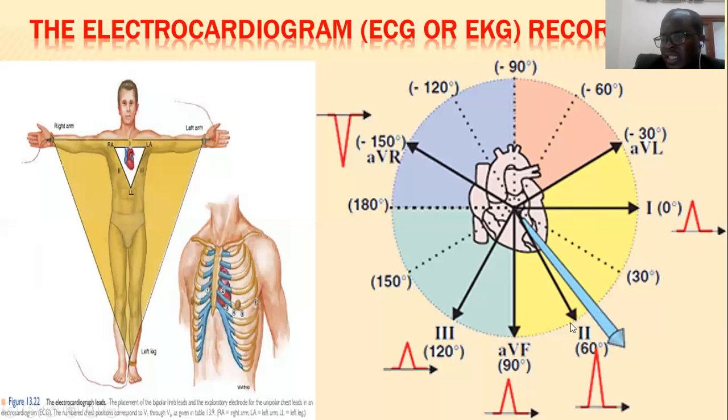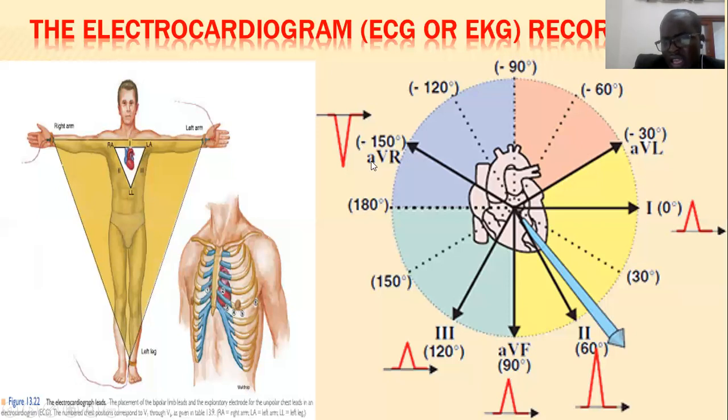When you look at lead 2, this vector is going towards lead 2, going towards positive, so you have a positive deflection. Same again for AVF. This vector is also moving towards AVF, so the AVF will give you a positive deflection.